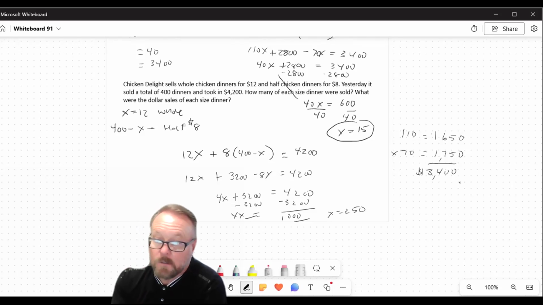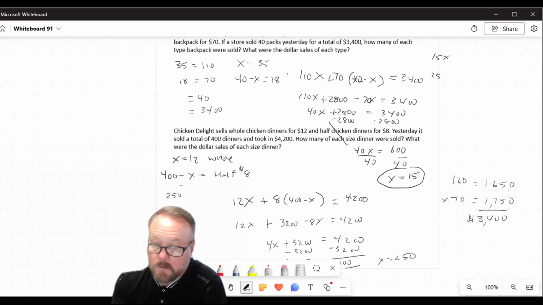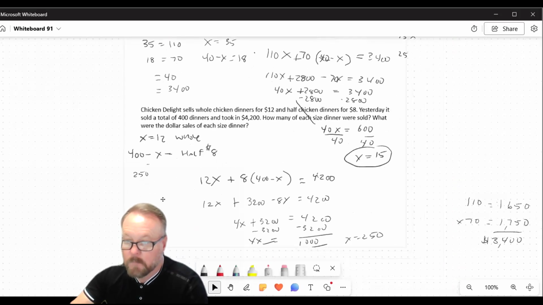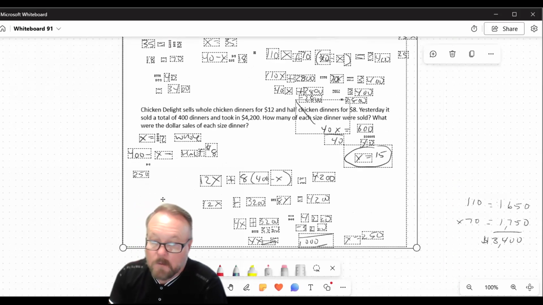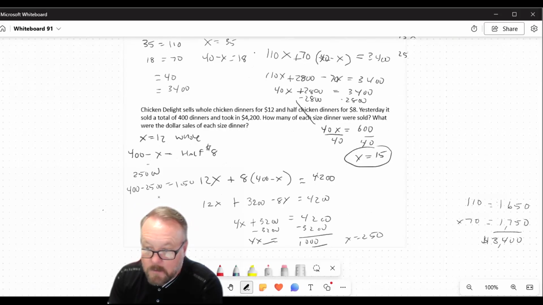So they sold 250 whole chickens. And then that means if there was 400, so 400 minus 250 means they sold 150 half chickens.